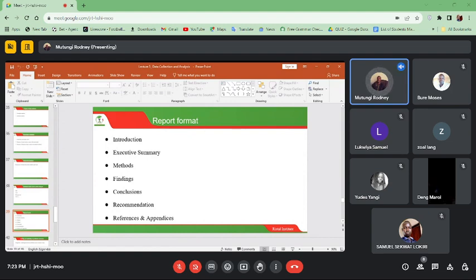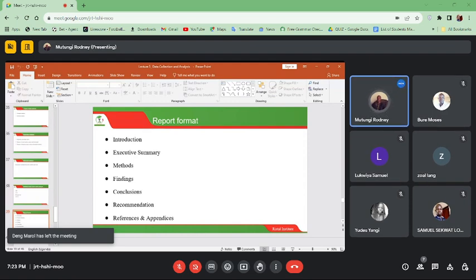Then at the end also, you need to show, after your program, or with your program, what has changed, okay? And can these changes be related to your program? Such things. So you put them in a summary of this report, and this report always has chapters.